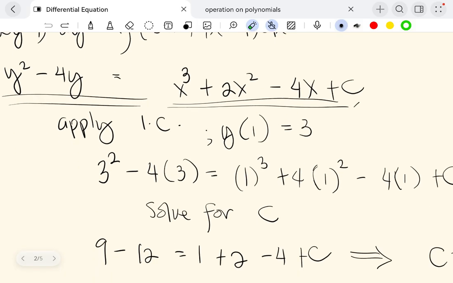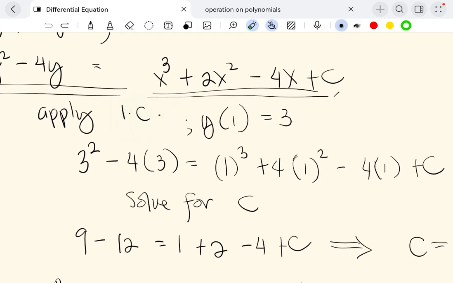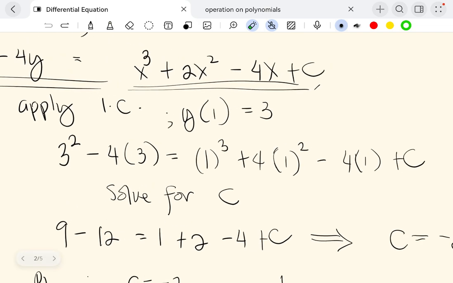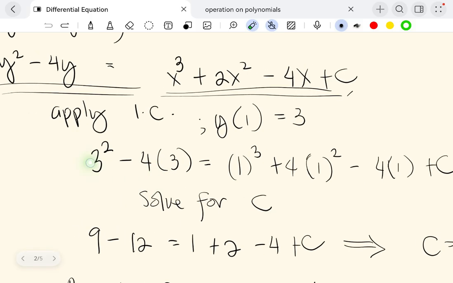Then next is to apply the initial condition to find the value of c. So y of 1 is equal to 3. Here is the initial condition. Substitute y as 3.